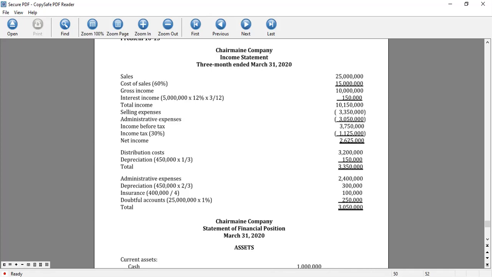And finally, the doubtful accounts, sales amounting to 25 million, and as stated, uncollectible accounts is 1% of net sales. So we get the amount of 250,000.